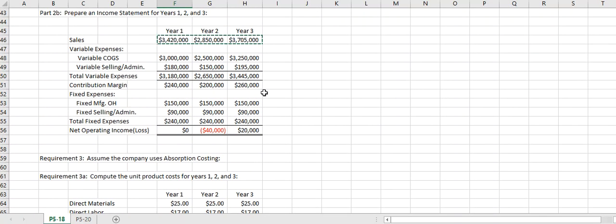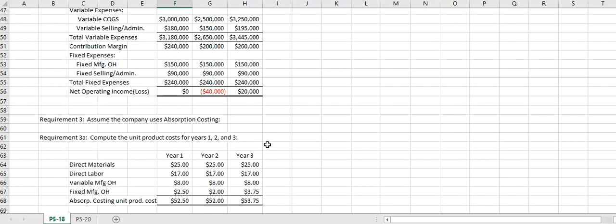In 2B, when we used the variable costing method, we had a net loss in year 2 and a net income in year 3. So a little bit different. That's because we're shifting around our fixed costs and how we calculate those. So you do come out with different amounts when you're using variable as opposed to absorption. That's just something to notice.